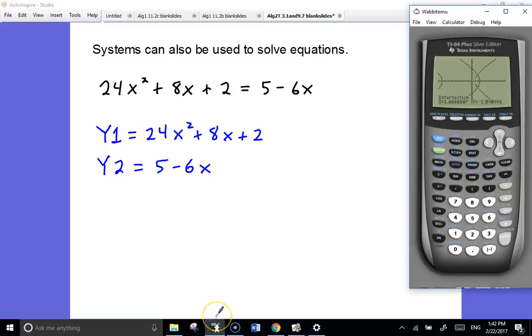So let's go there. Clear. Y equals. Clear, clear, clear, clear. So 24x squared plus 8x plus 2 and 5 minus 6x.